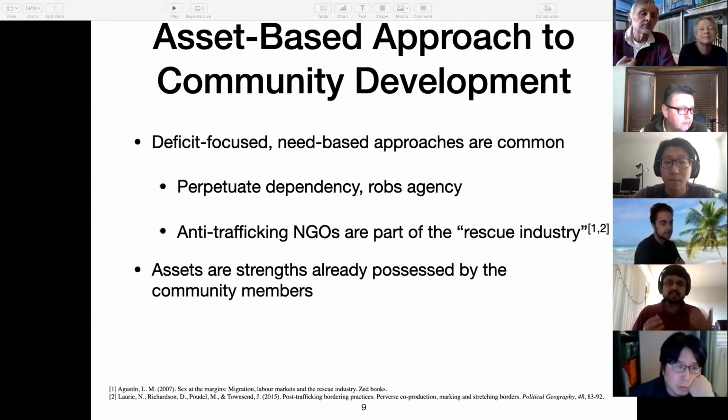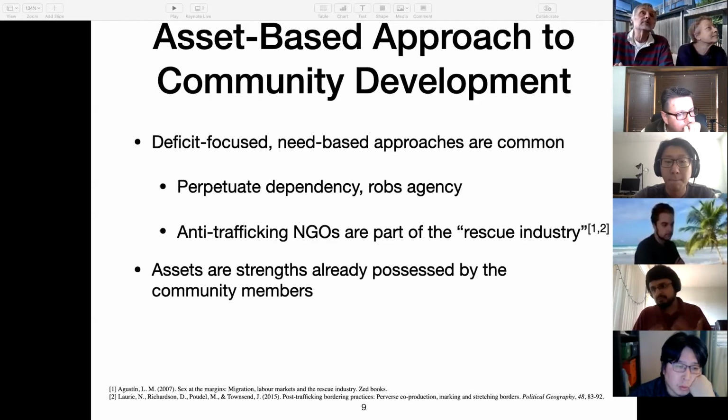Now, in community development literature, it is argued that deficit-focused approaches rob agency from actors who can bring about change, and it perpetuates dependency. In fact, anti-trafficking organizations such as those that we work with in Nepal have been called part of the rescue industry for their role in perpetuating this need-based system.